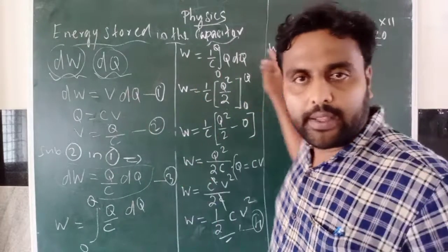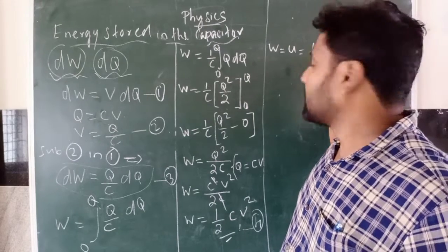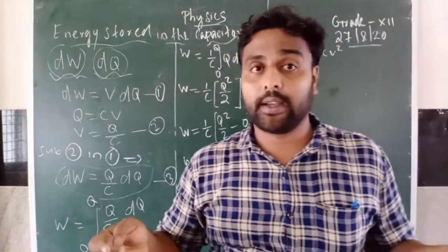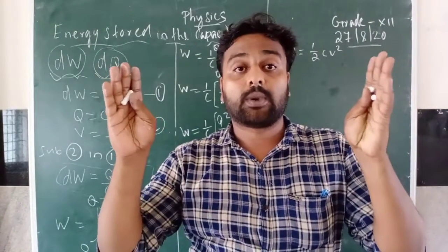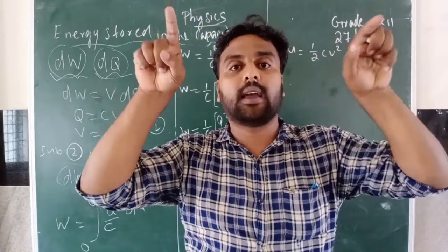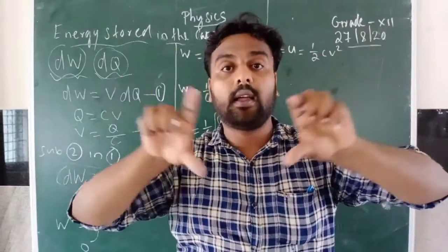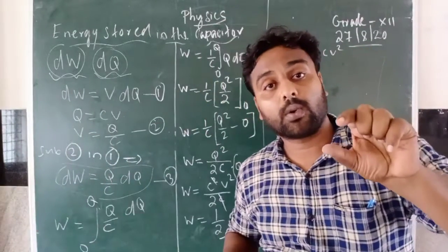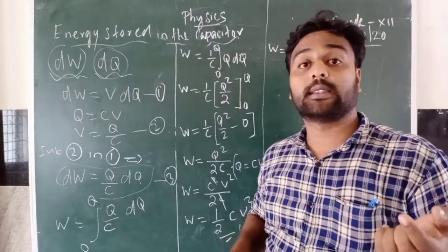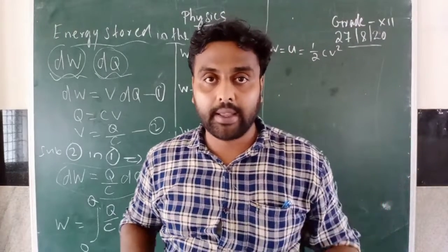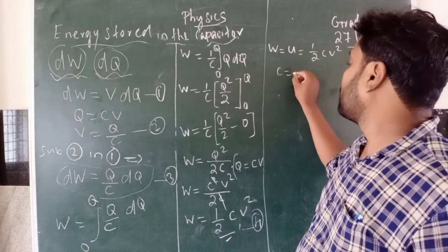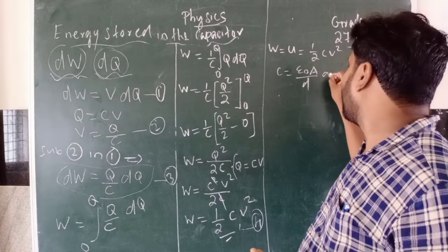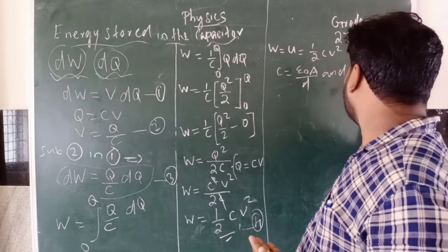For that, rewrite this equation or substitute the C value and V value. Yesterday we already studied the two parallel plate capacitor having some cross-sectional area, separated by a distance. Yesterday we found C is equal to epsilon 0 A by D, and V is equal to ED.